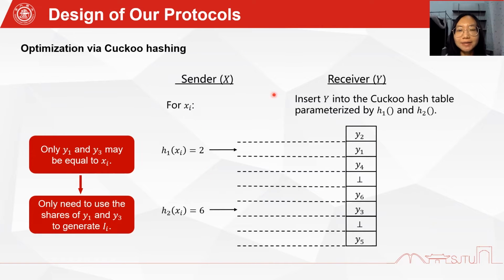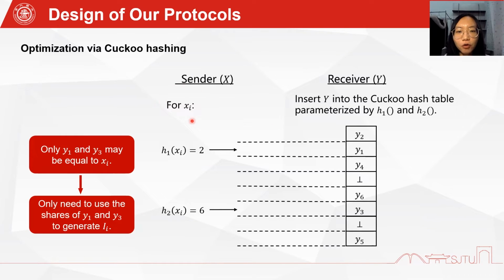Here I give an example to explain our optimization. The receiver first inserts Y into the Cuckoo hash table parameterized by hash functions H1 and H2. In our work, we set the stash size as 0 by adjusting the number of bins and the number of hash functions.